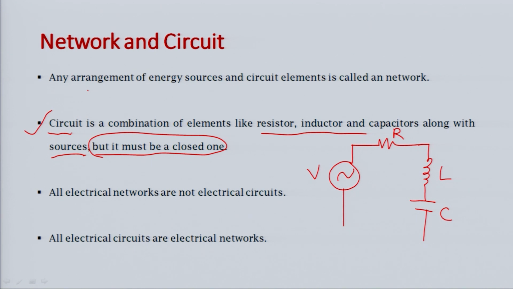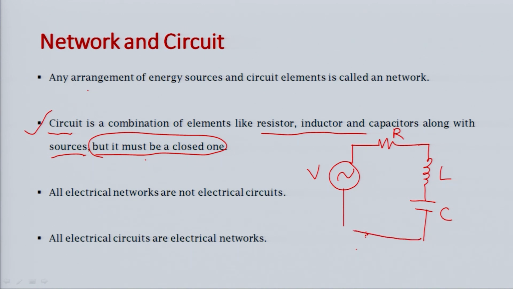It is also a connection of your circuit elements and energy sources, but it should be closed. So the figure which I have shown is an electrical network, but since it is not closed, we cannot say that it is a circuit, it is a network.